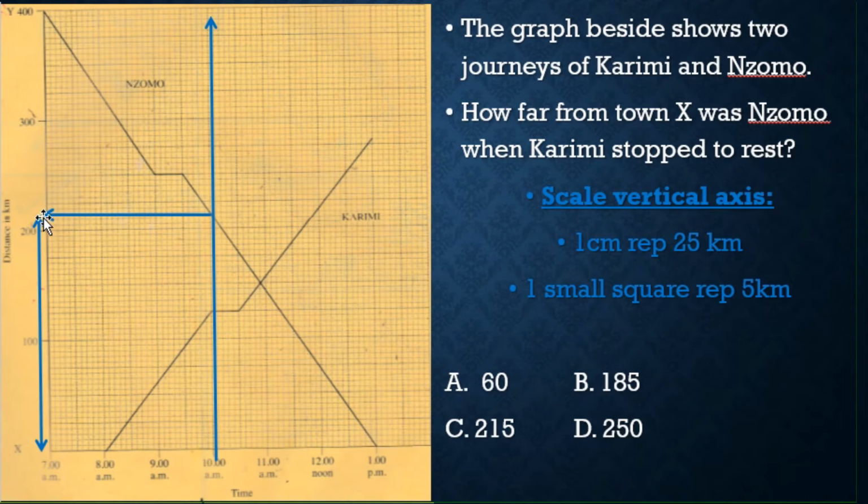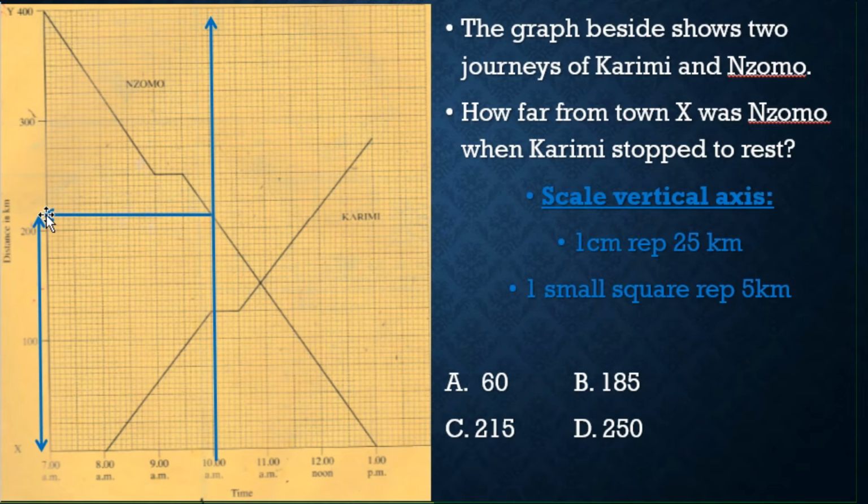I just repeat again. How far from town X was Zomo when Karimi stopped to rest? We start at the point where Karimi stopped to rest. This is Karimi's journey, and Karimi stopped to rest at this point. We draw a vertical line from 10 a.m. when he stopped to rest. At that time, Zomo was here. We have met the line for Zomo. Then we draw a horizontal line to show us what this is in terms of kilometers, and we see this is 215.